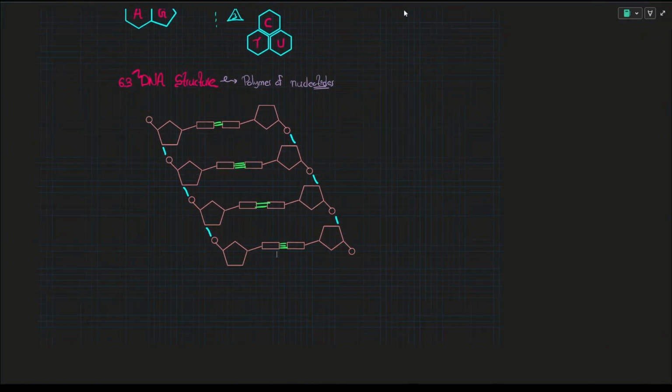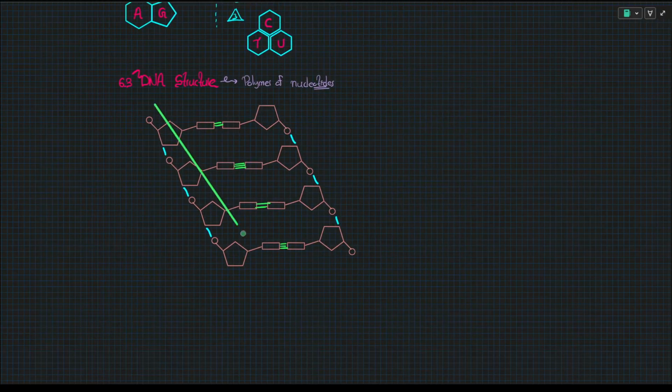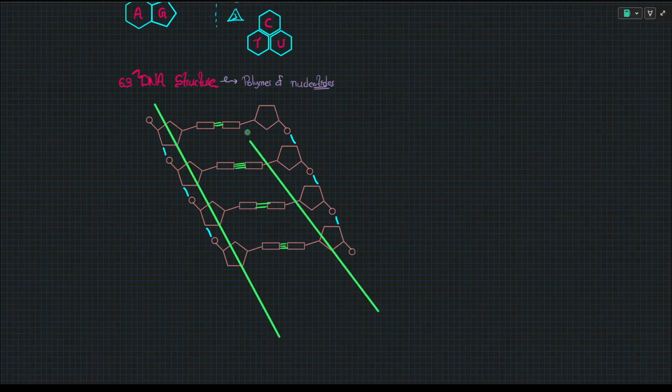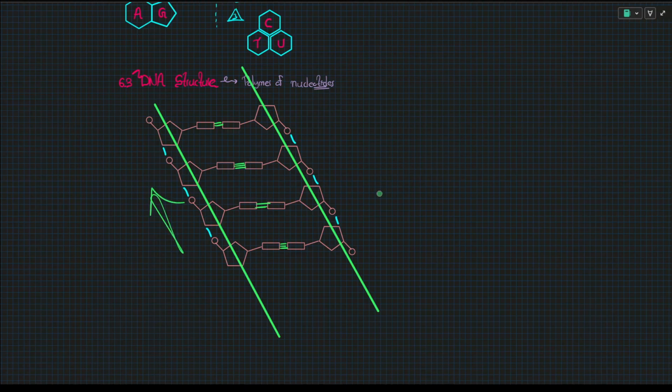All you have to understand now is, if I zoom out, this strand would keep elongating this way, and this strand would keep elongating this way. We're going to be expanding in this exact manner, this direction and this direction, no difference. And here we have the intermediate bonds, thus forming the DNA ladder.